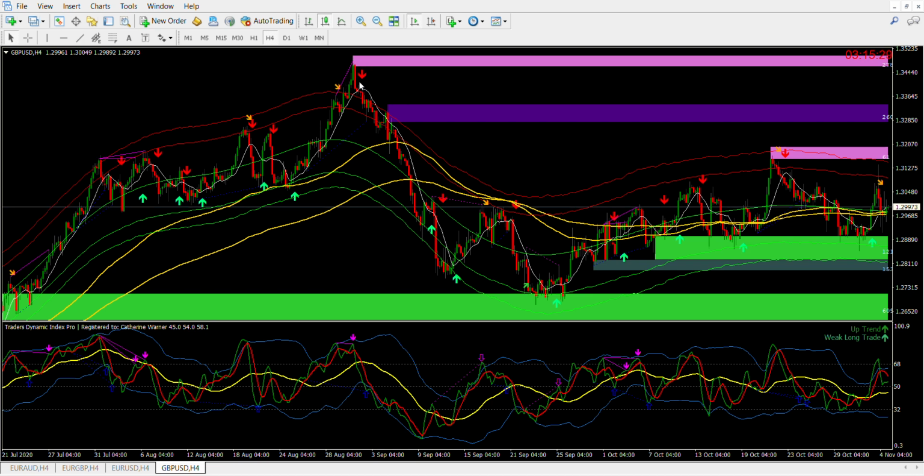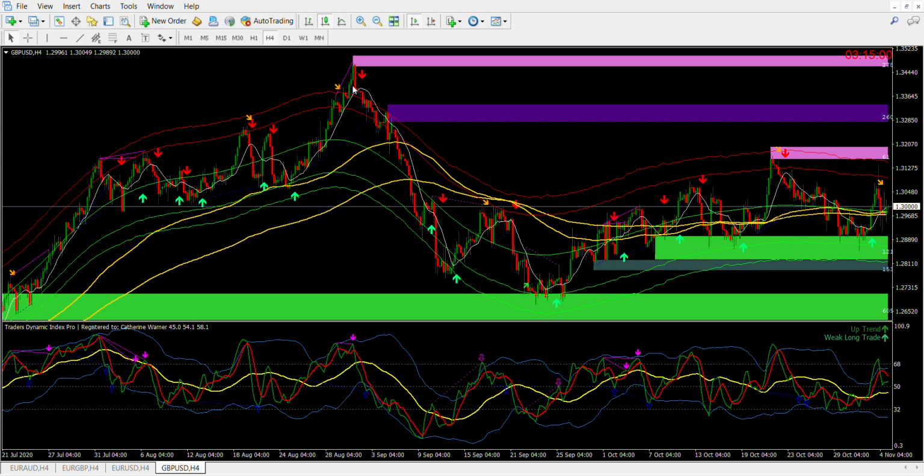Secondly, we want a signal candle that is below the 10 period moving average. If you see, we have this signal candle over here which is below the 10 period moving average. And lastly, we want the red and green lines in the Traders Dynamic Index to be below this yellow line, meaning that we are going into a downtrend.